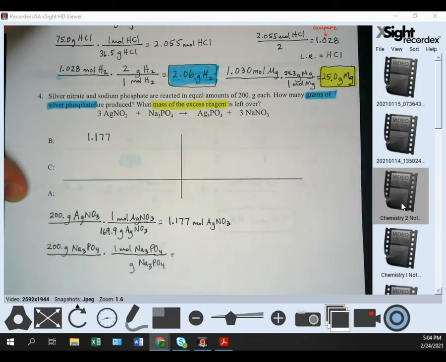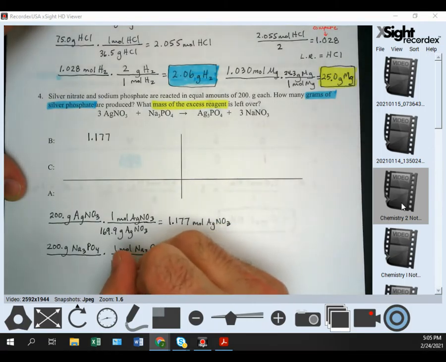Grams of the Na3PO4. So doing the math on this would be sodium 3 times 23 plus 1 times phosphorus, which is 31, plus 4 times 16 for the oxygen is a total of 164.